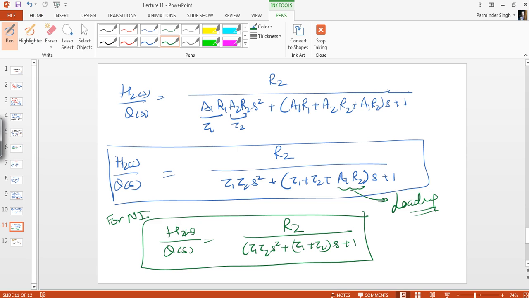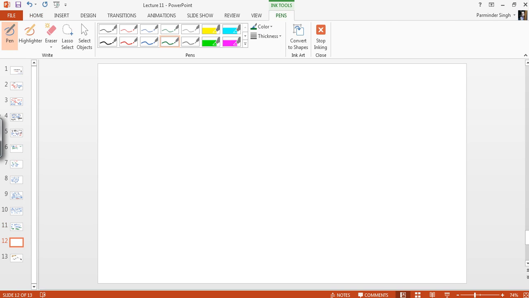Now let's find out which of interacting and non-interacting will be more sluggish in nature. For that, let's consider the same values of tau 1 and tau 2 which we took in the previous case. That is, tau 1 was 0.1, tau 2 is 1, and R2 was 1, and let's say A1 is same as A2. So tau 2 is nothing but A2 R2, which is 1. So R2 is 1, A1 is also 1, A2 is also 1. Clear?